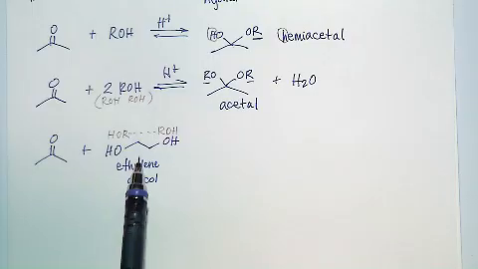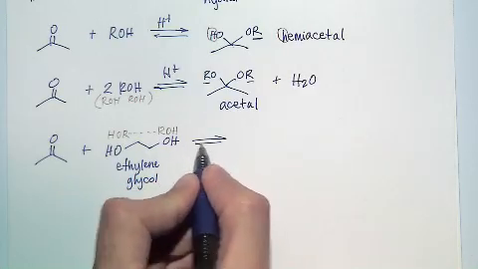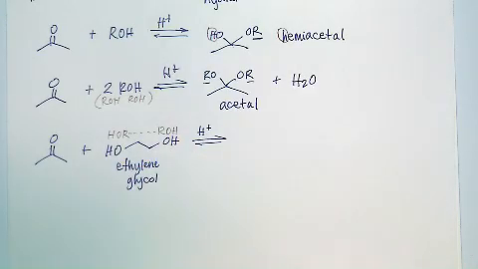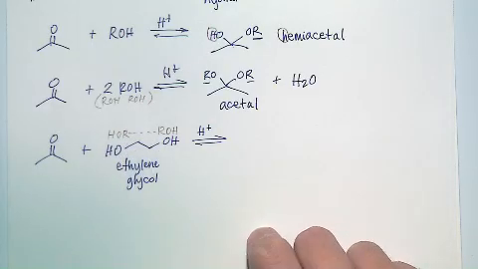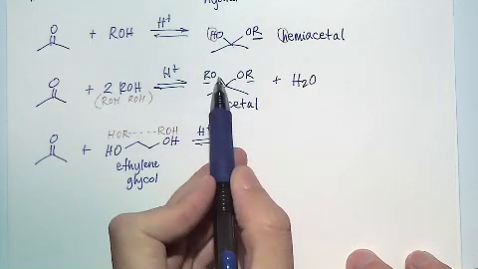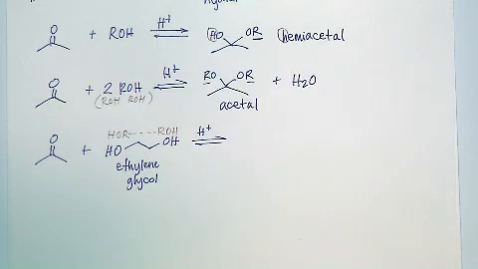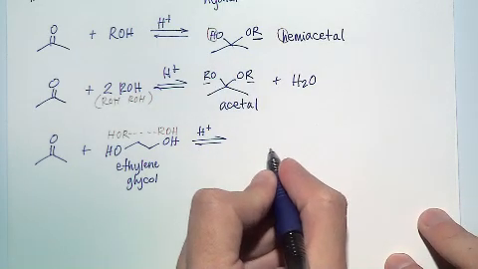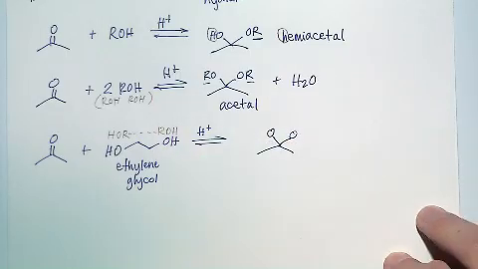So if we do this same reaction, we're going to make an acetal and water. But the only difference between this case and this case is that the R groups are just connected. And so what that means is we're going to have an acetal, but the R groups are going to be connected to each other. So what does that mean? Well, the acetal is going to start by looking like that. And then, okay, what's the R group?